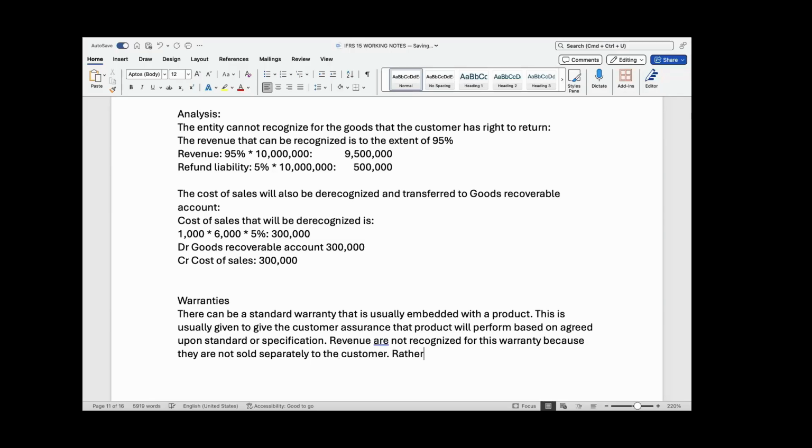Rather, the entity must recognize a provision for this warranty in line with IAS 37.